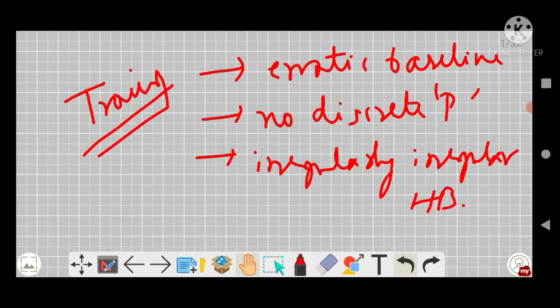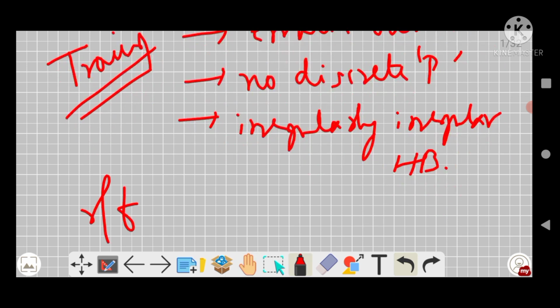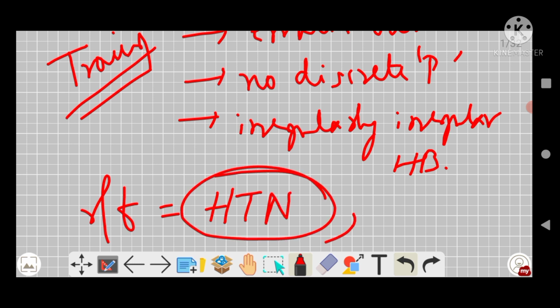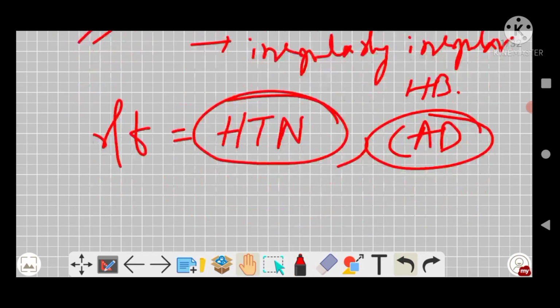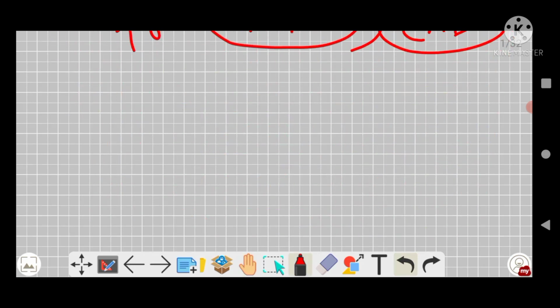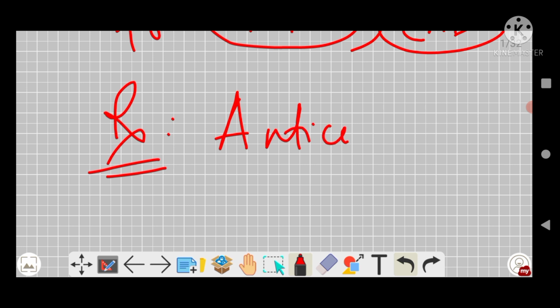Now we will discuss the risk factors of this condition. One important risk factor is hypertension, another is coronary artery disease. Also you must remember that atrial fibrillation can lead to thromboembolic events, particularly stroke. Now talking about the treatment, the most important part of your treatment remains anticoagulants.